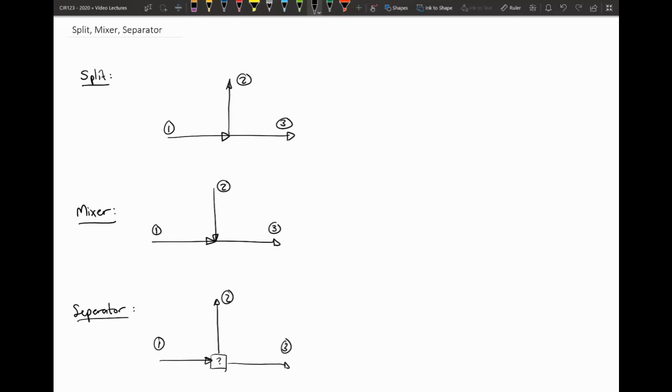So there's some sort of split in the ratio of the components as well. And that's basically the difference between a separator and a split.